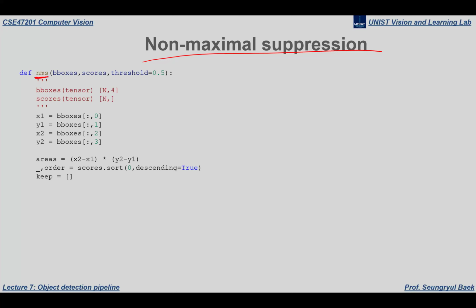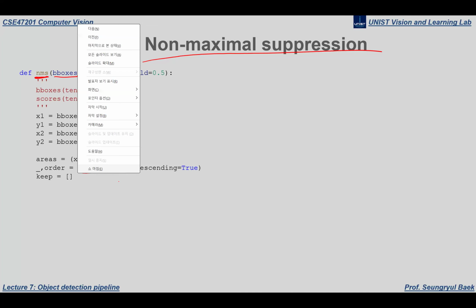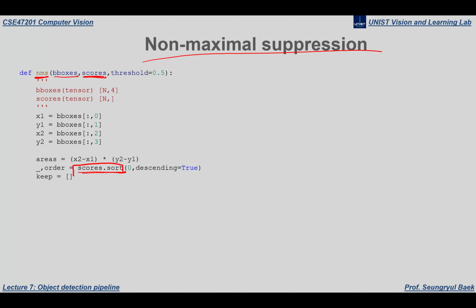In NMS, non-maximal suppression, there is a list of bounding boxes coming from the network, and they also have confidence values here. They sort the bounding box information by confidence value, keeping the one with the highest confidence value first.